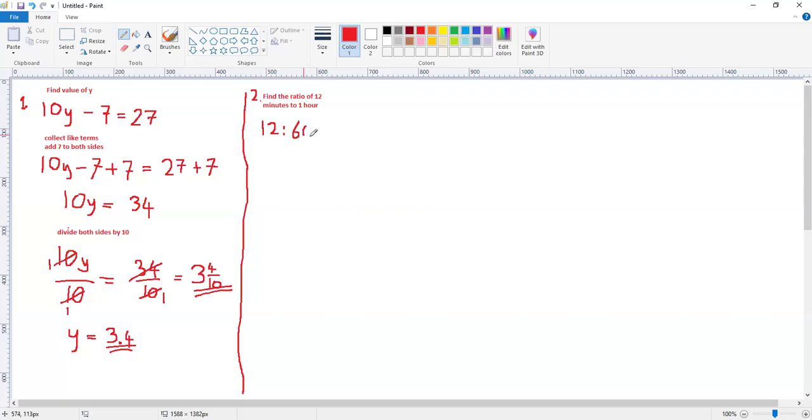Because 1 hour is equivalent to 60 minutes. 12 can only be 12 minutes, so I changed 1 hour to 60 minutes, because I can't change 12 minutes to 12 hours. It won't be equivalent, because 12 hours is more than 12 minutes.